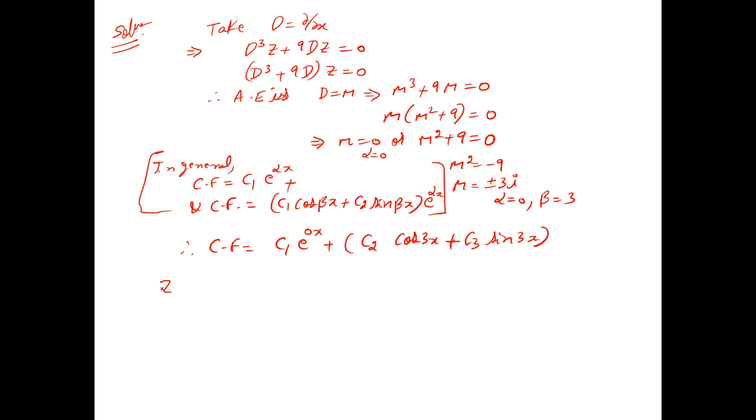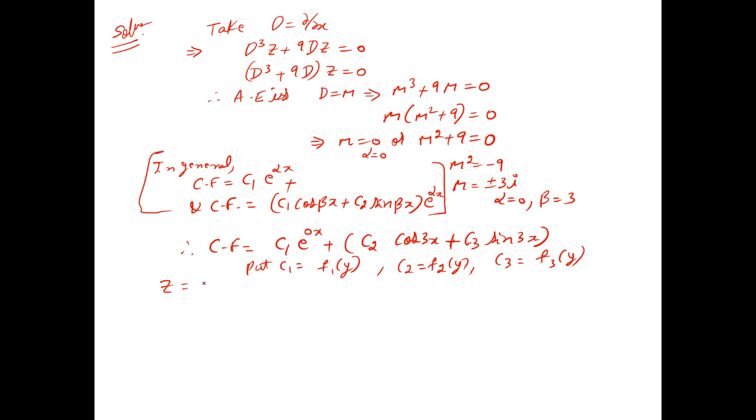Okay, so now I will write this in z form. z is equal to, now e raised to 0 is 1, so I will get only c1. So here I am going to put c1 as an arbitrary function, I already have told you, f1(y), and c2 I am going to put f2(y), and c3 I am going to put f3(y).